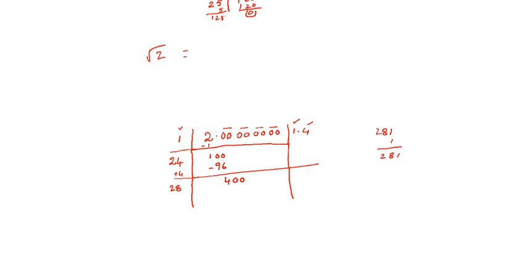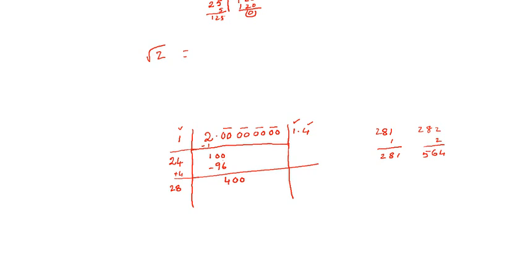If you write 2 on the right side of 28, the divisor, now you multiply with 2. That is 2 2s are 4, 2 8s are 16, 564. Among these two, which is possible? 281 is possible to subtract from 400. 564 is not possible because it is greater than 400.